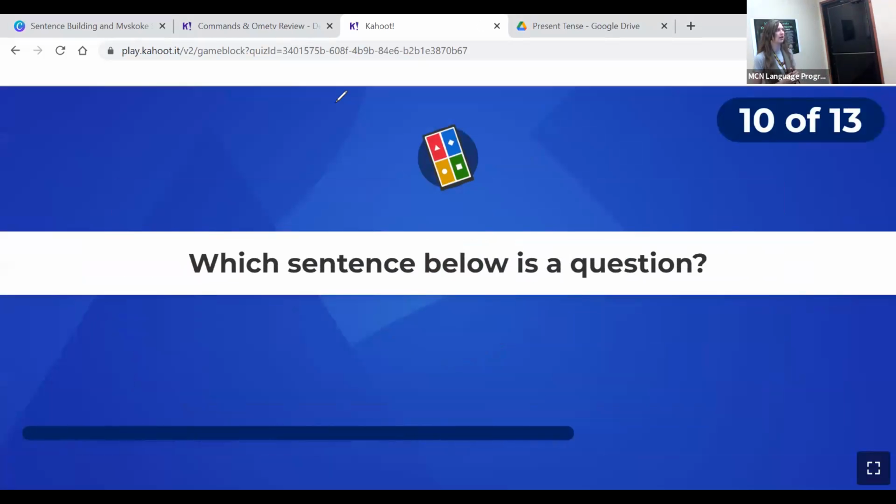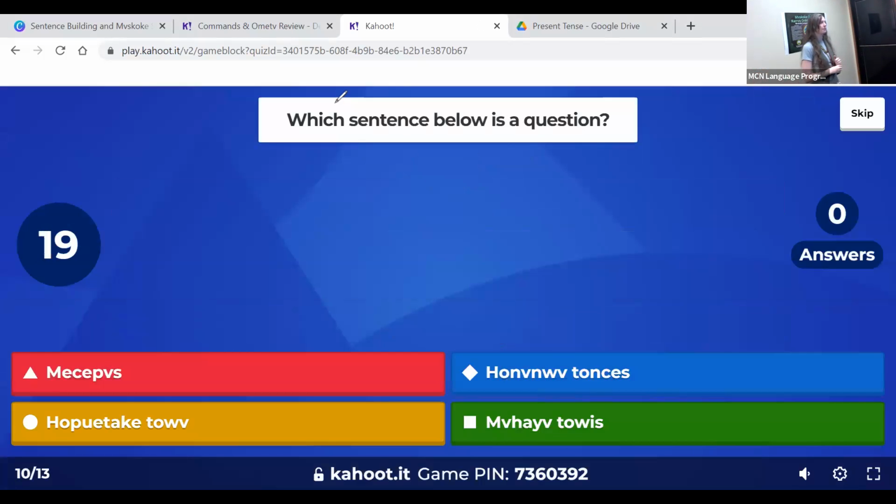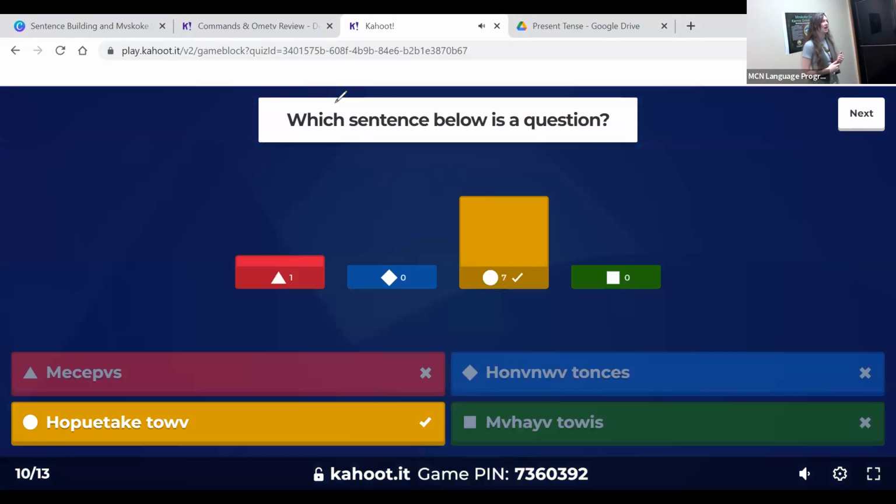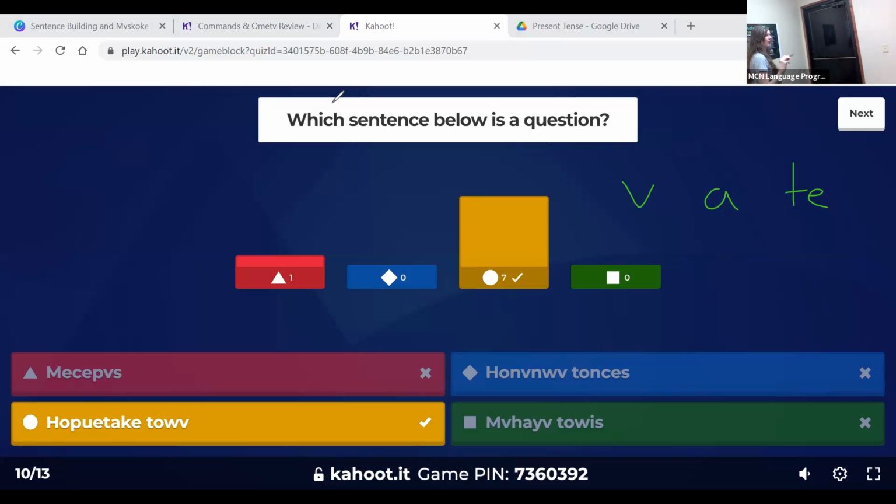Okay, we have a few left. Which sentence below is a question? Nijibas, konanwa donchas, hokuida hidoa, and mahaya the ways. Which one is a question? Nice. Remember, all questions in Mvskoke are going to end in a, or d. Those are the three sounds, right?